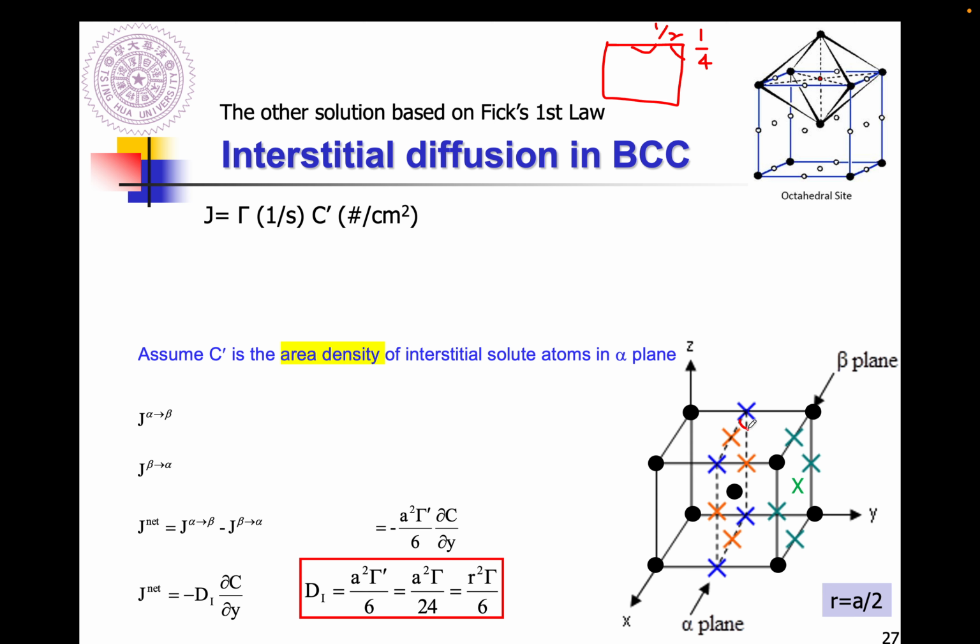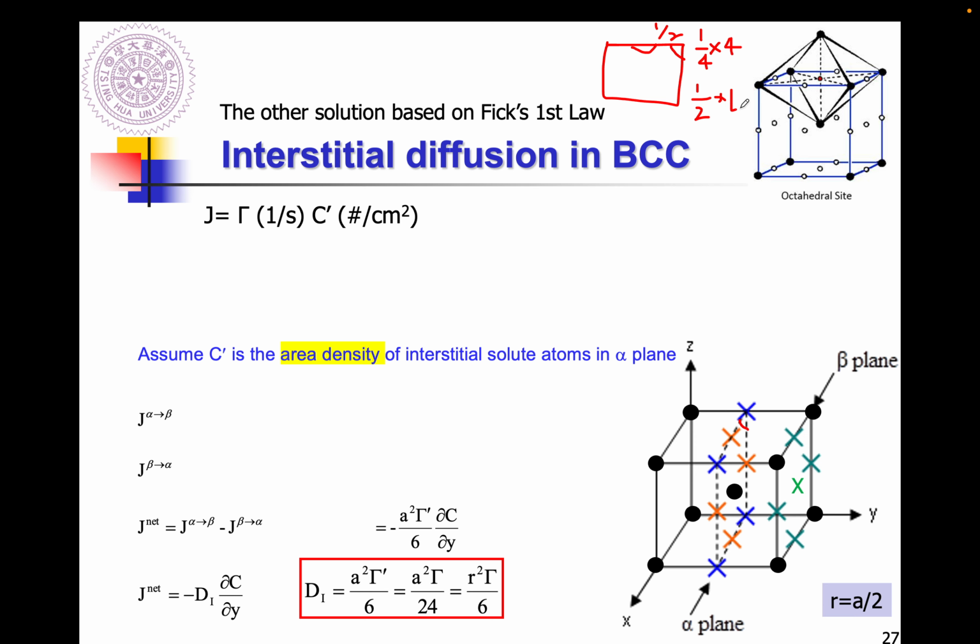You have a quarter, and you have 1, 2, 3, 4, so a quarter times 4. And you also have the half sites, 1, 2, 3, 4, so half times 4.